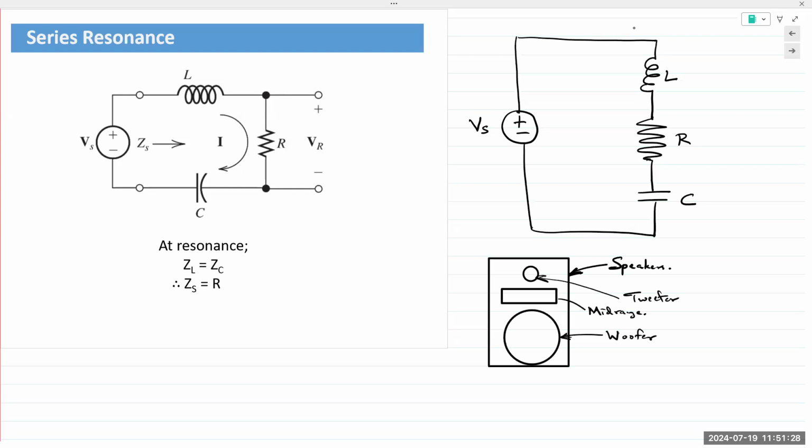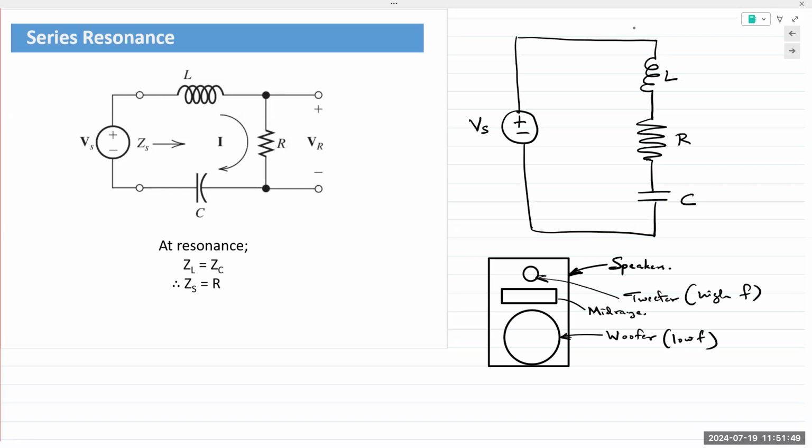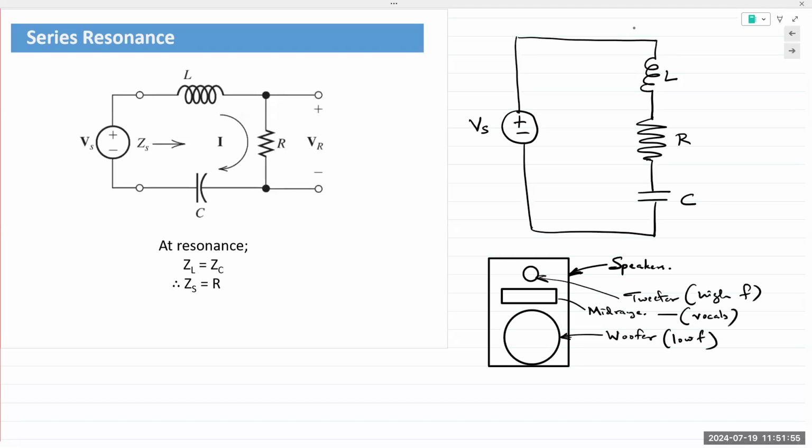So as it gets lower in frequency, it requires a bigger surface because it needs to move a lot of air to reproduce that sound, okay? And so physically, it requires a larger surface area. Hence, woofers reproduce low frequencies. Tweeters, on the other hand, reproduce the higher frequencies. And mid-range, well, anything that falls in the middle, especially vocals, are reproduced by the mid-range.